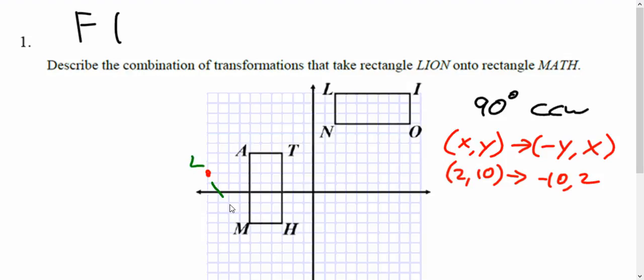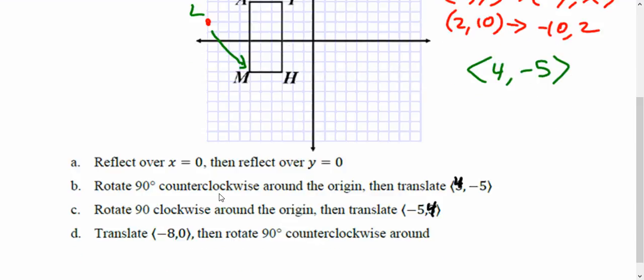It needs to then go down to where M is, which needs to translate 4 to the right and down 5. So it's a 90 degrees counterclockwise rotation followed by a translation of (4, negative 5). B.